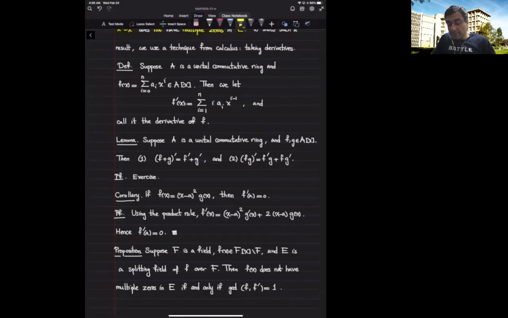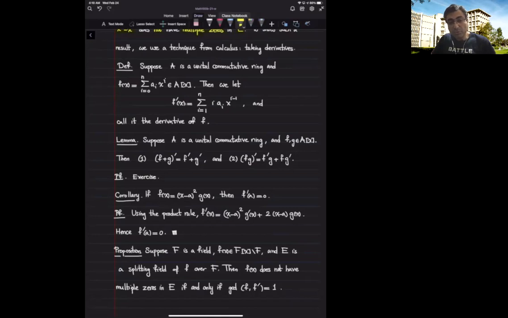From calculus, we do know that if we have multiple zeros, then that particular zero should be a zero of the derivative of the polynomial as well. That's a good motivation in order to define derivatives of polynomials.